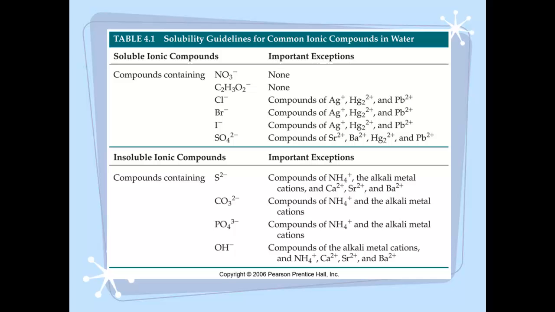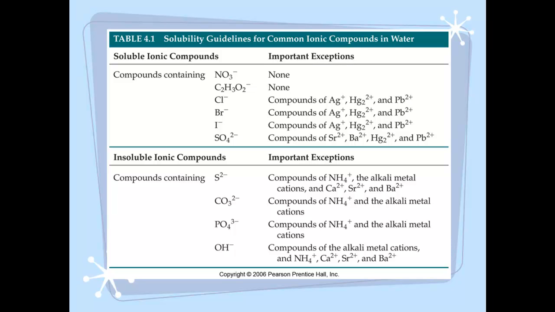So on this table, the top half, you're looking at, on the left side, soluble ionic compounds with those anions. And then on the right is important exceptions. So those exceptions will create insoluble compounds. If you notice the first two, nitrate and acetate ions, they have no exceptions. They will always be soluble in water.